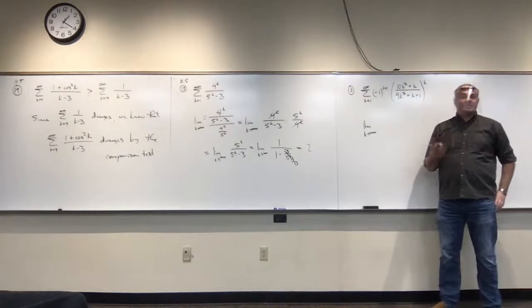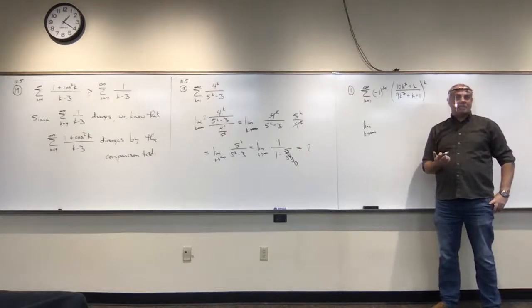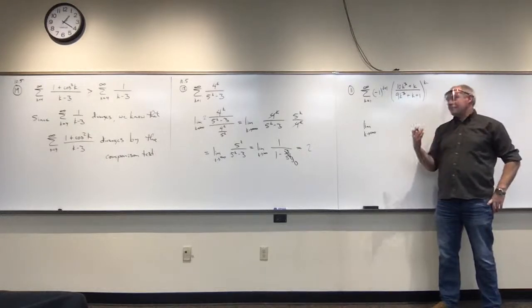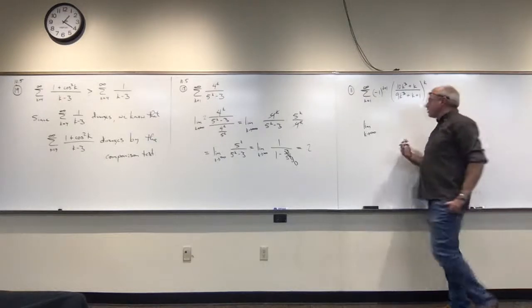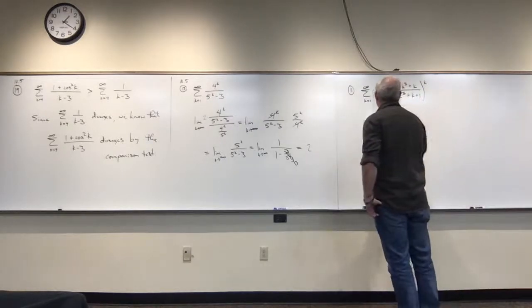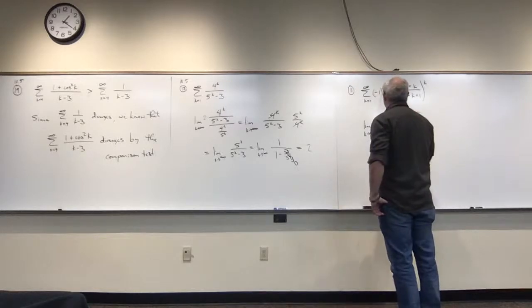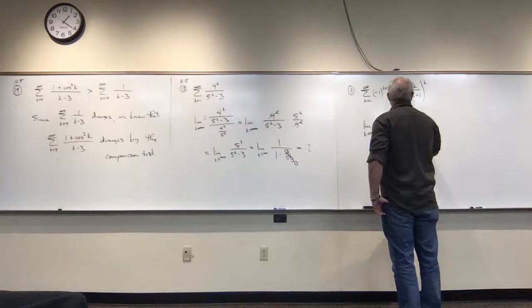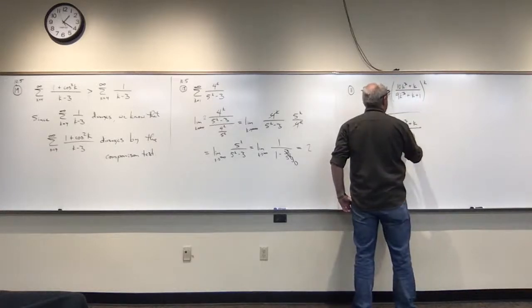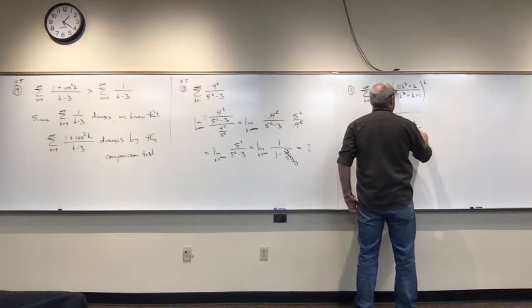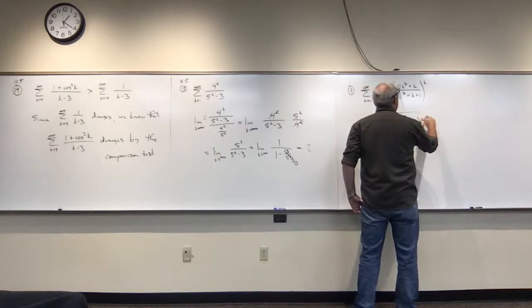That's like the ideal situation for a root test. Because in a root test, you take the kth root of the sequence. So what I'm going to do is take the kth root of (10k cubed plus k) divided by (9k cubed plus k plus 1), raised to the k.